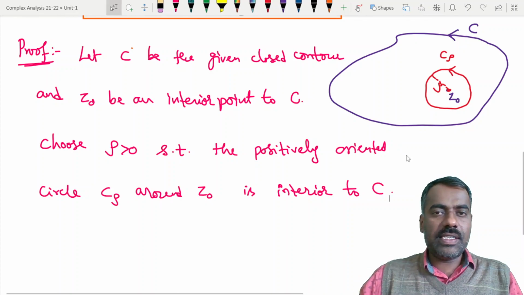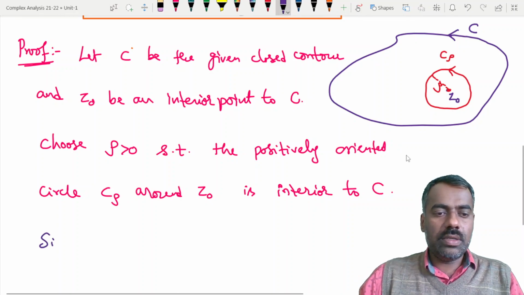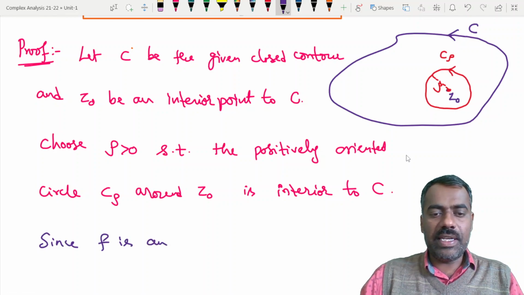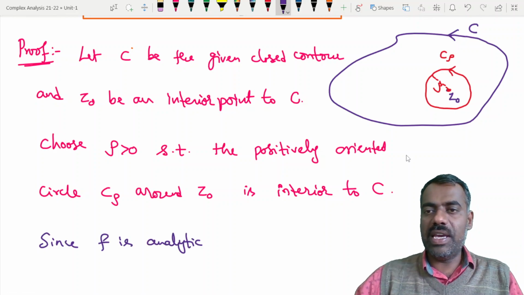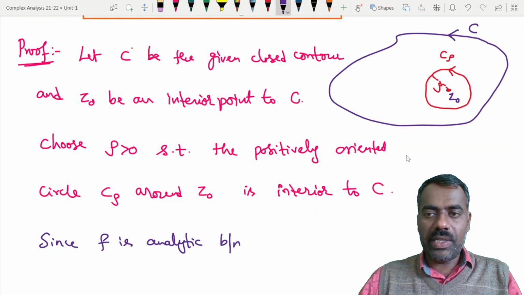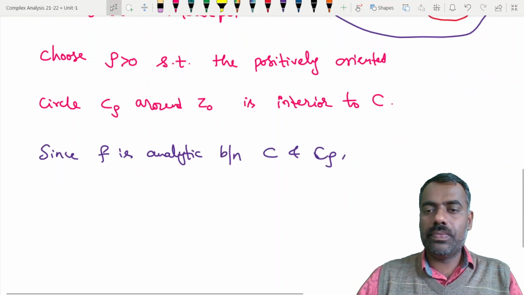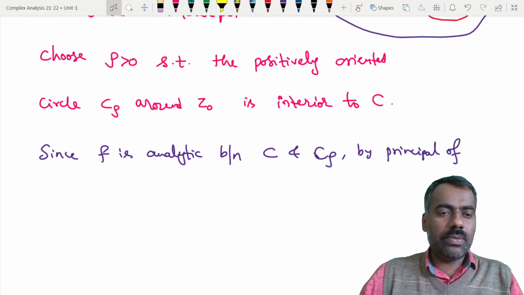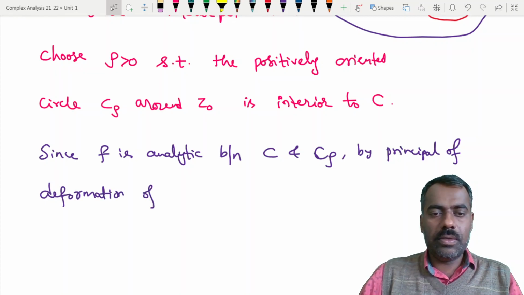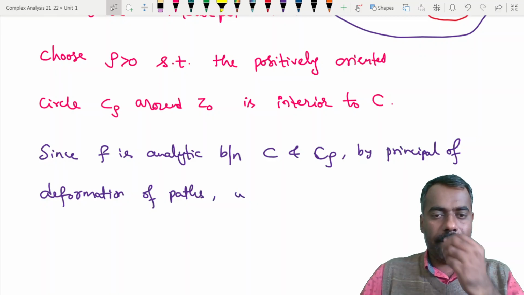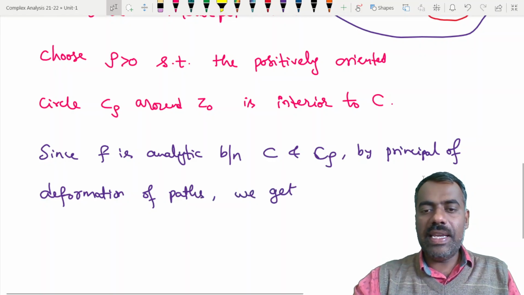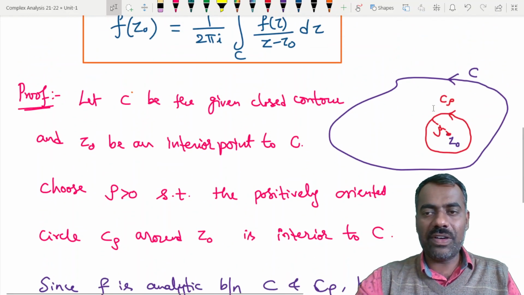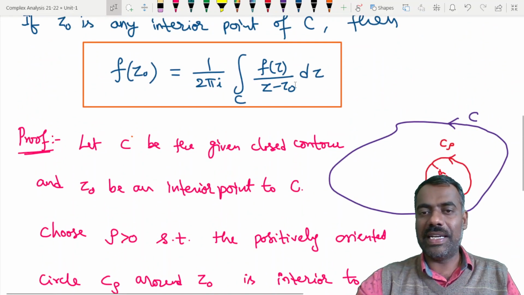Now, since f is analytic everywhere in between C and this C rho, by the principle of deformation of paths, we get the integration of, see what we want, we are not just taking f of z, we are taking f of z upon z minus z naught.